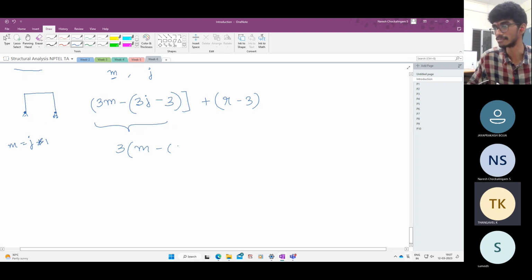Sorry, not plus one, minus one. So there are 4 joints here, and there are 3 members. So this you can write as m minus j minus 1.